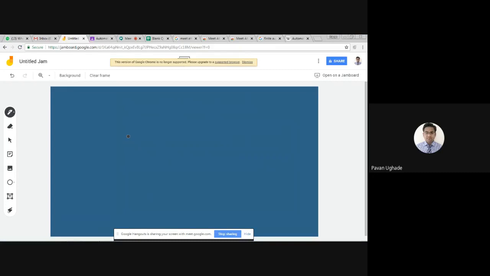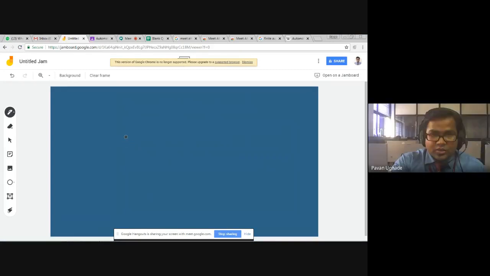One should be accepted. First I'll draw the two states. So draw one state. I'll name it Q0. As it is my initial state, we are going to represent an inward arrow to mention it as an initial state.